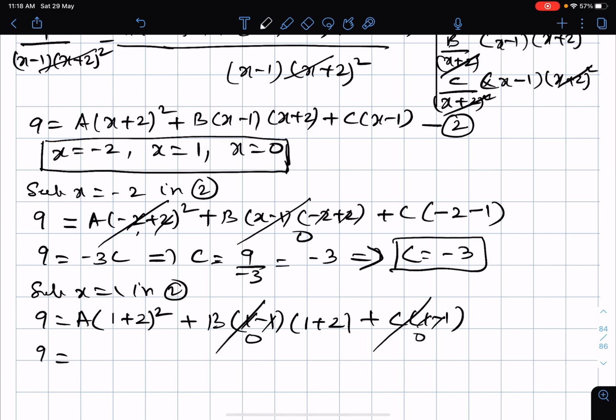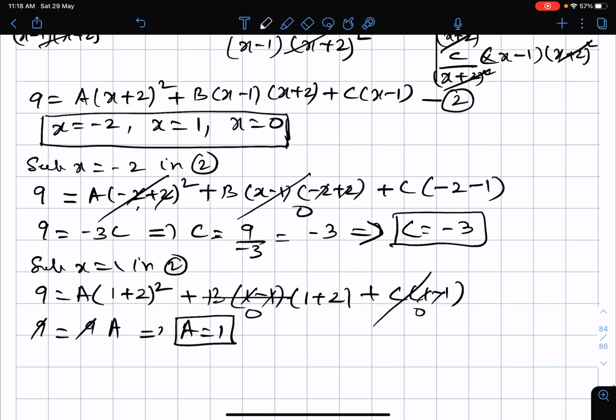So 9 equals a into 3 square, 3 square is 9, so 9a. 9 and 9 get cancelled, which implies a is going to be 1. So a equal to 1 is your answer. We have got a and c.